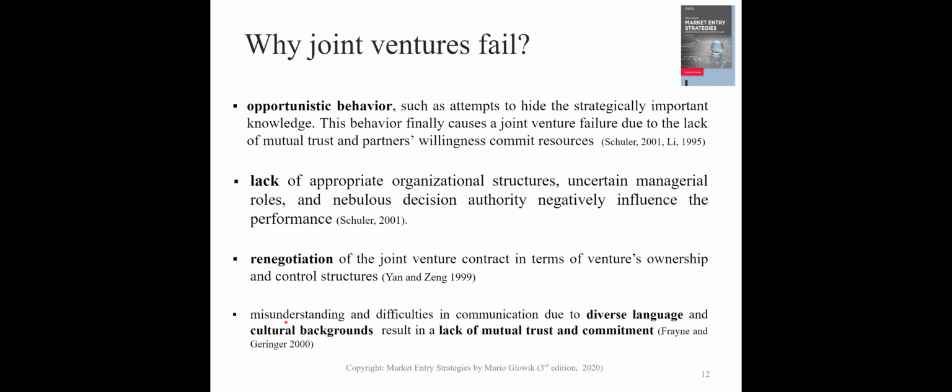And last but not least, there's always a potential of misunderstanding and difficulties in communication due to diverse language and cultural backgrounds, particularly for the case of international joint ventures, which finally result in a lack of mutual trust and commitment.